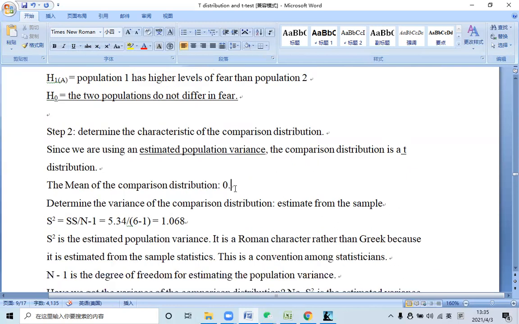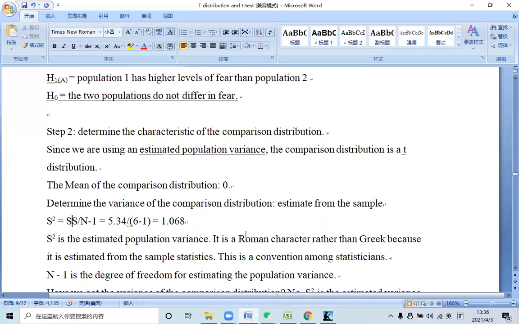We know the mean is 0, but we don't know the standard deviation. We don't know the variance either. We need to estimate it from the sample. And from our sample, the variance we estimated is this one.